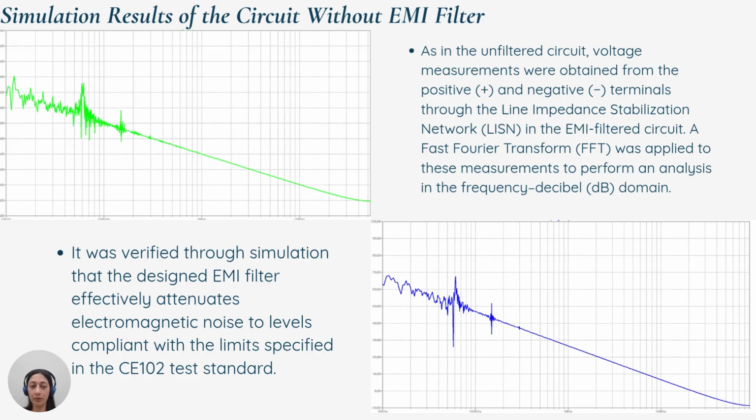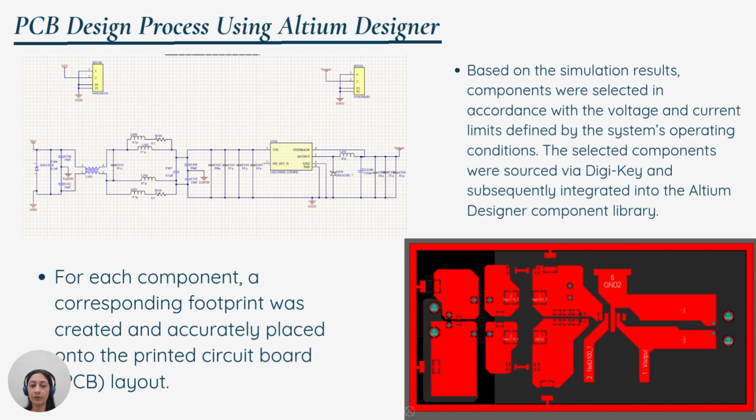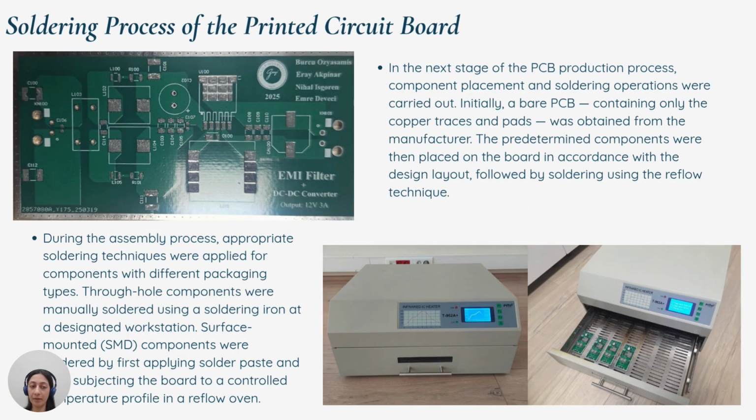Once the filter performance was verified, we went to component selection and began PCB design using Altium Designer. This slide shows the schematic diagram and the PCB layout of our final design. After the PCB was fabricated, we continued with the assembly process. First, surface-mount components were applied using solder paste and reflow soldered in an oven.